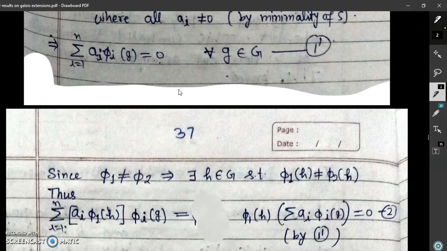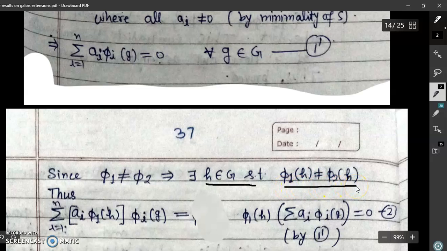Now remember that phi 1, phi 2, phi n all are distinct. It means phi 1 is not equal to phi 2. Since these two maps are not the same, it means we have an element in the domain. Suppose that this element is h, such that phi 1 h will not be phi 2 h. Why?